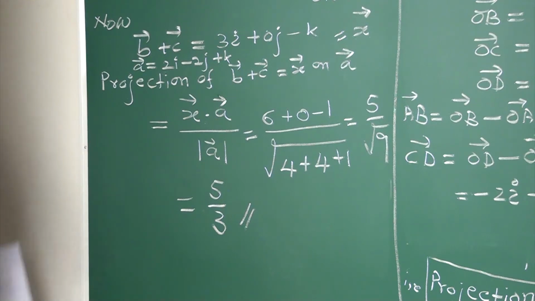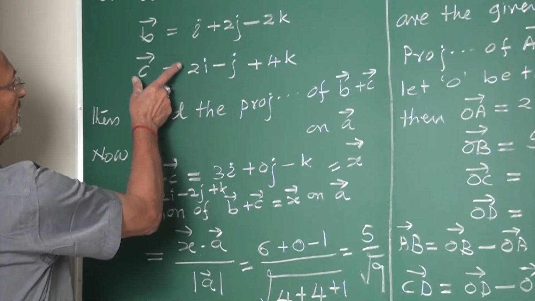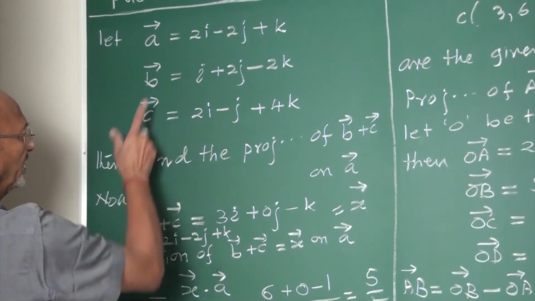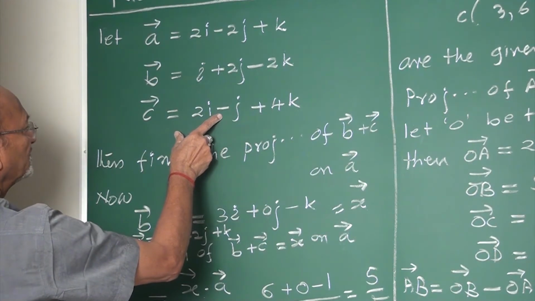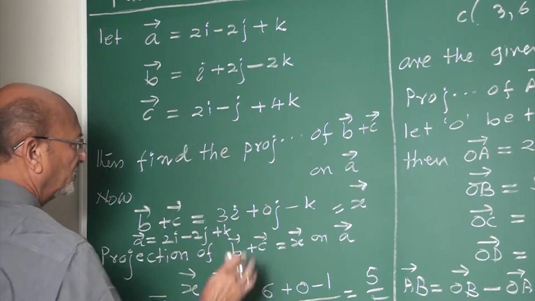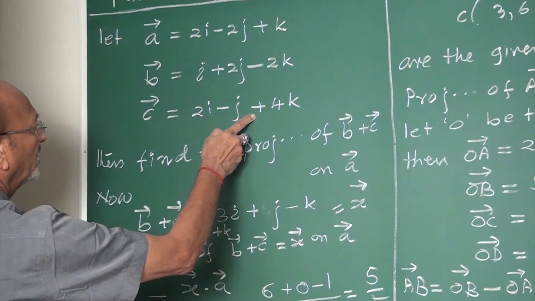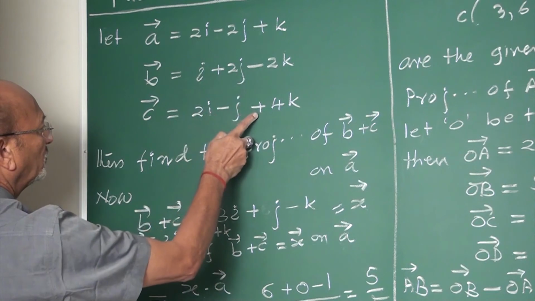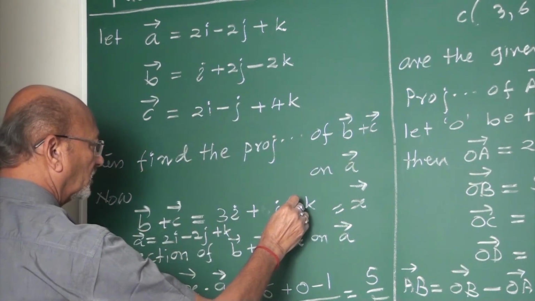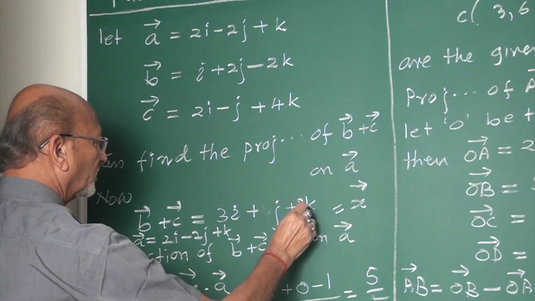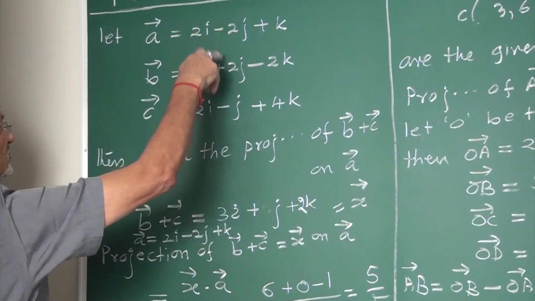Any mistake we have done? B plus C: 2i plus i is 3i, minus j plus 2j is j, plus 4k minus 2k is plus 2k. Yes, my friend, some mistake was there.